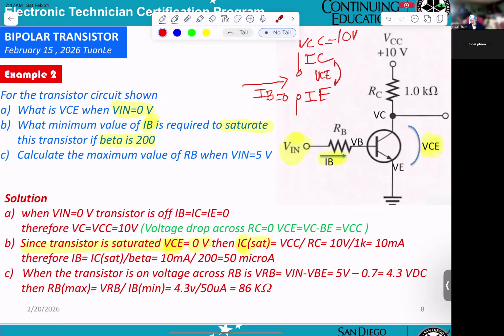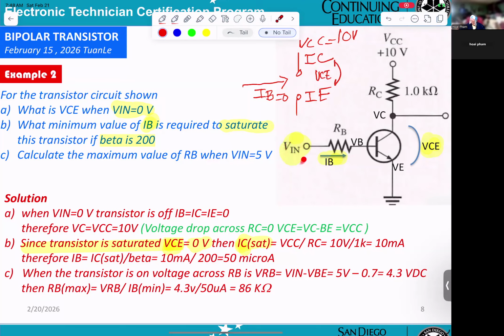However, this current is the saturation current. Therefore, calculate IB equals IC divided by beta. So that's how you get IB. Number 3, calculate the maximum value of RB when Vin equals 5 volt.